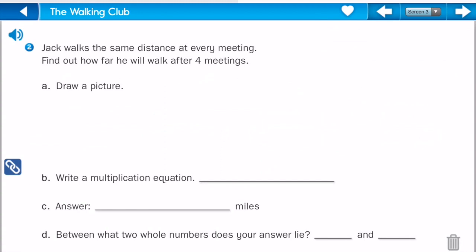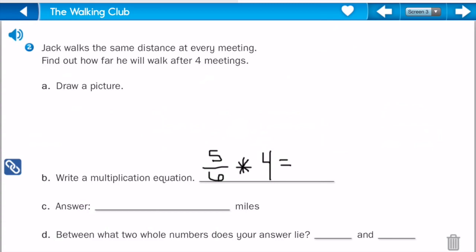All right, so first off, let's write this multiplication equation. So he walks 5/6 of a mile. Draw that. And then we're going to multiply that times how many meetings? 4 times 4. And we'll figure out our answer.